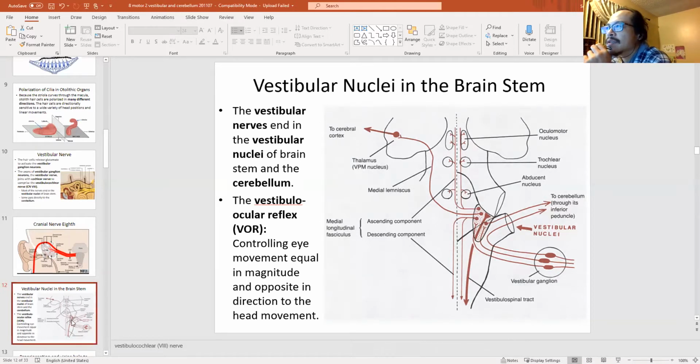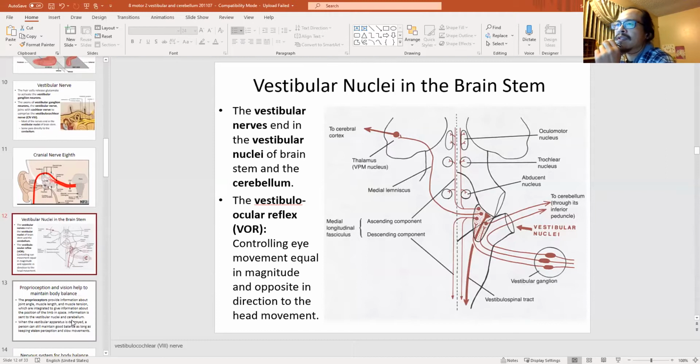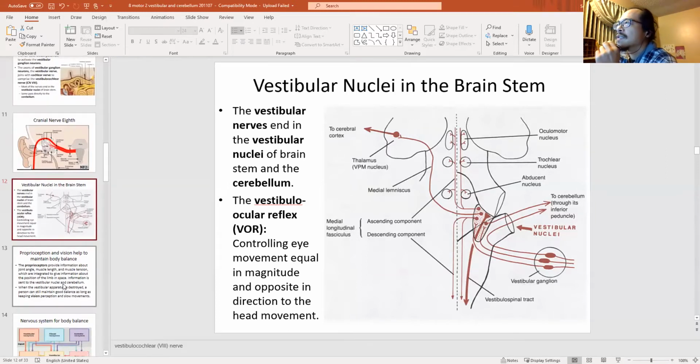All right, and what else do we need to know? So this is basically the function of the vestibular system, and there is more to talk about, of course, but here we focus on the most essential portion.